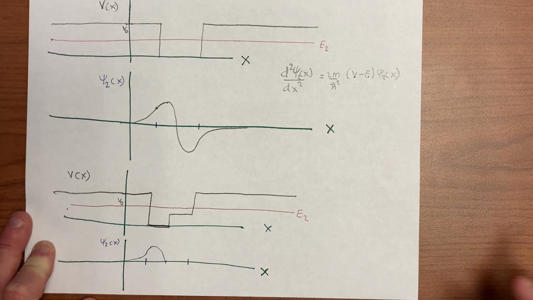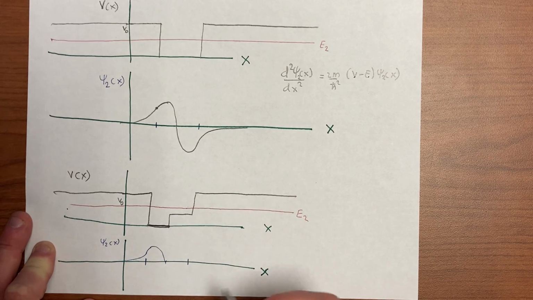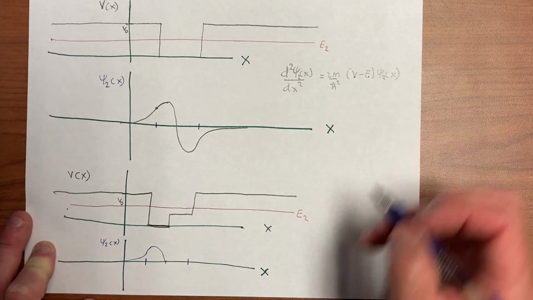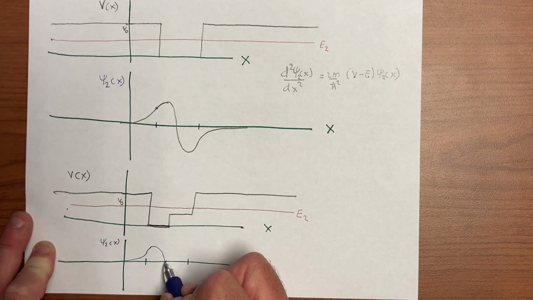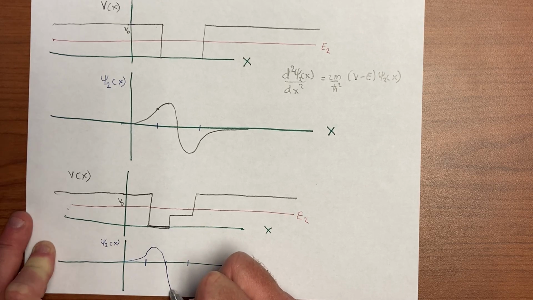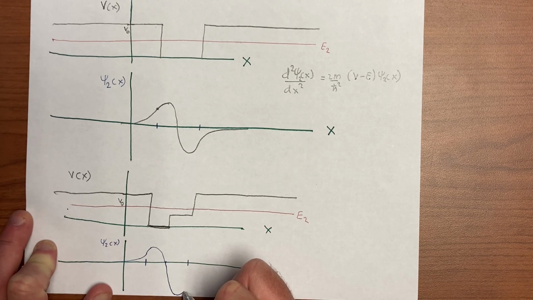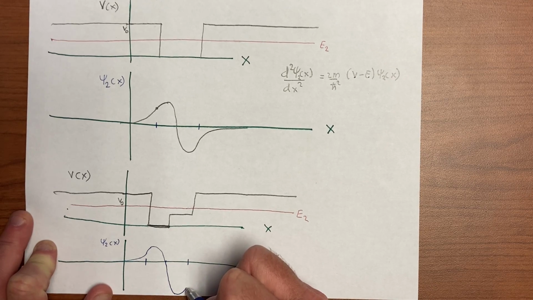So we still have bending towards the x-axis, but we're going to bend less, and therefore bending less means that it's going to take us a while before we come back down. So basically the amplitude has to be greater on this side. So it's going to be something like that. That looks like a larger amplitude. On that side, we're going to start to come down, and so something like that.